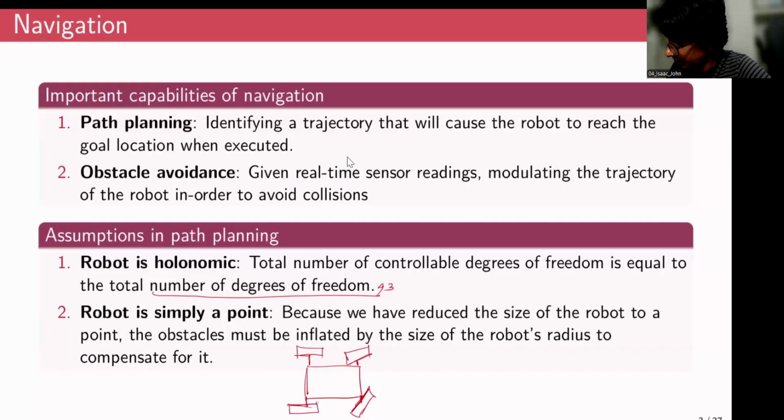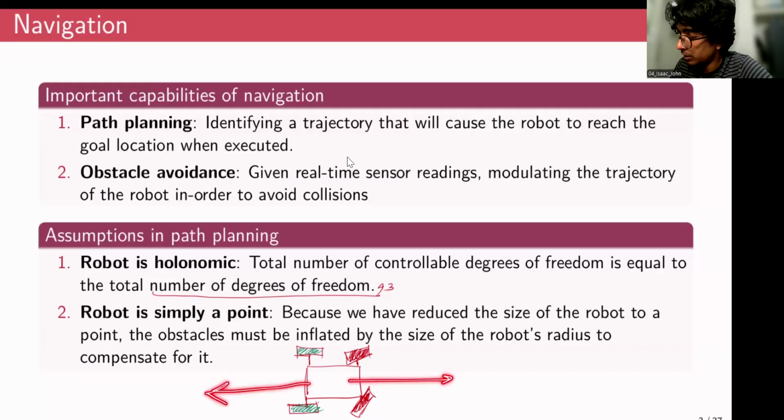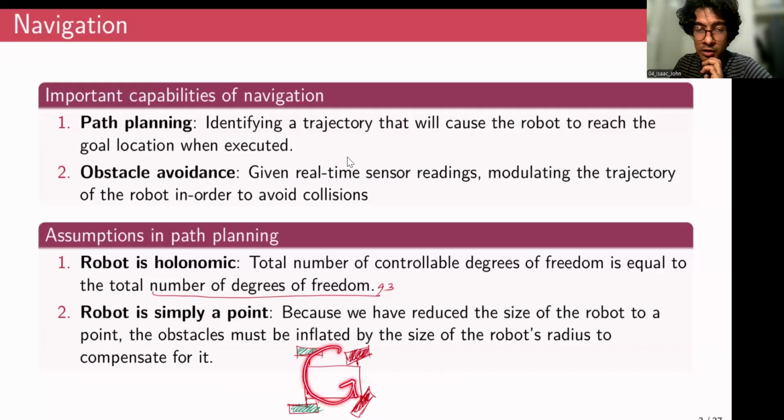So I'll depict these passive wheels using green color, and the driven and steerable wheels with this red color, right? So these robots' motion capabilities are such that they can go forward, they can go backward, but they cannot turn about their own axis with zero turning radius, right?